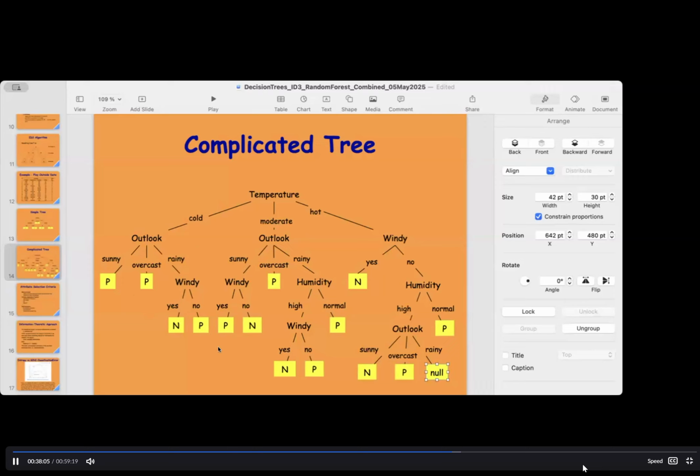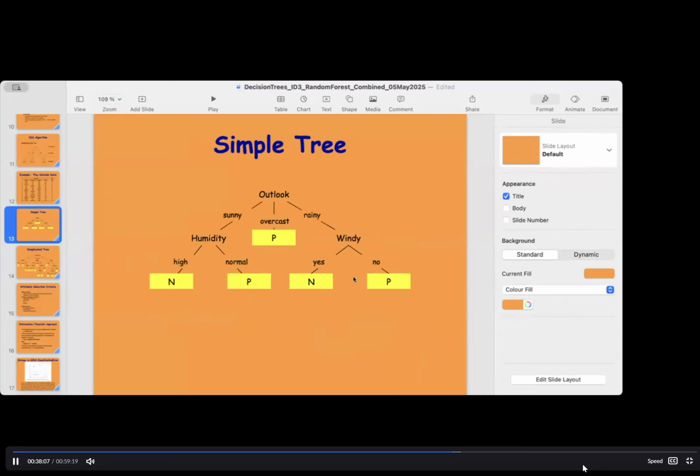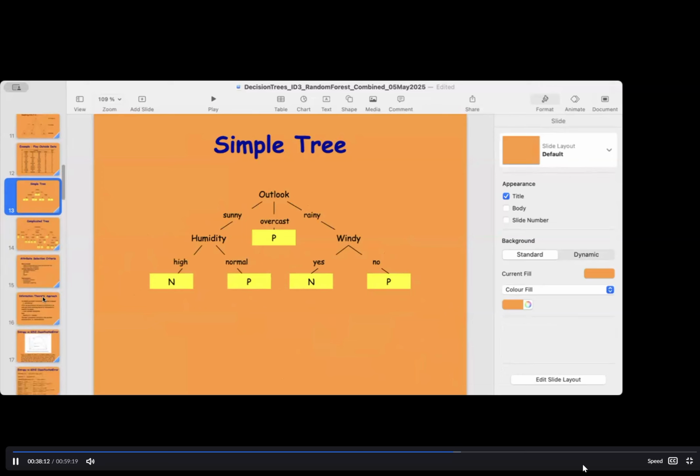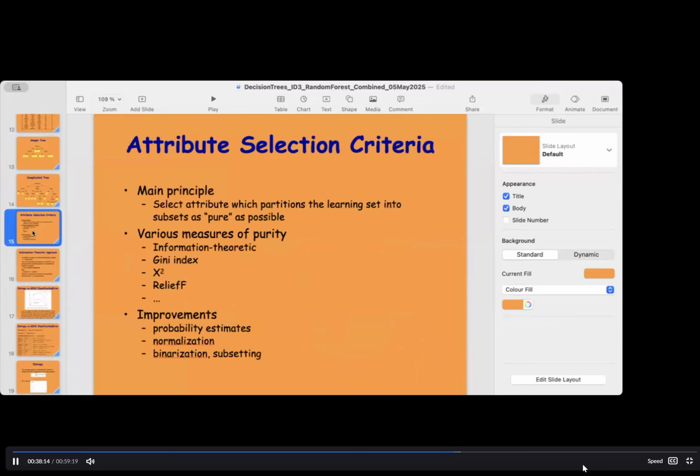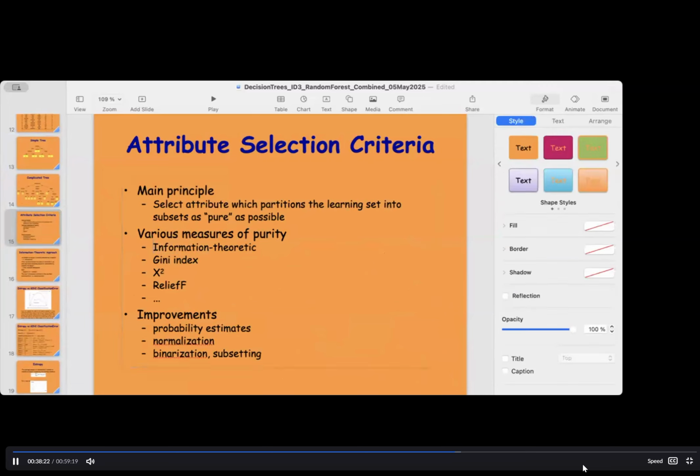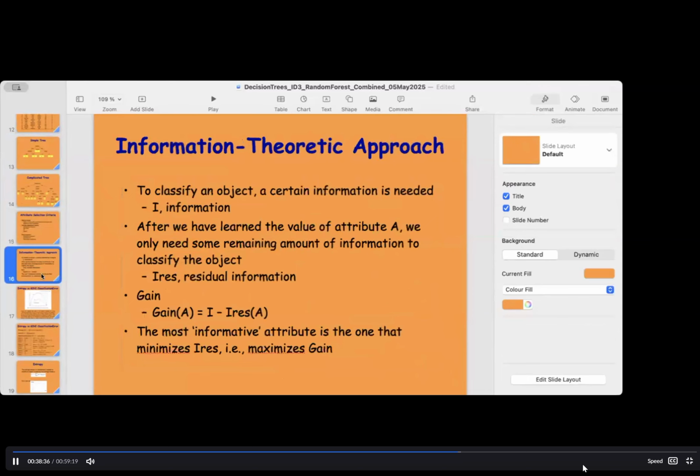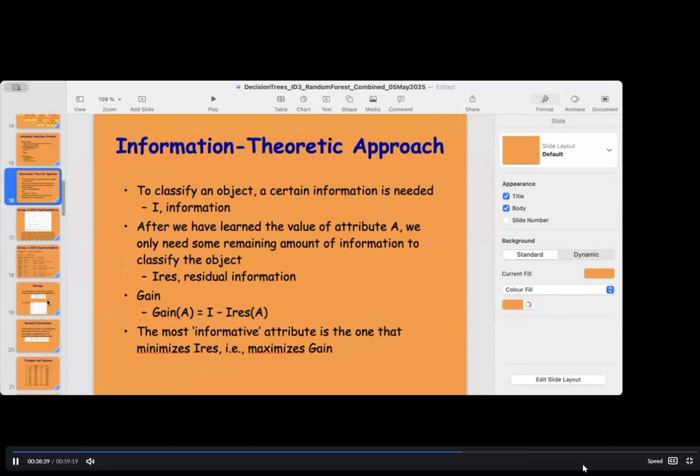So the idea is we want to build a tree that looks like this. And for that reason, we would use some measures such as the entropy. That's an information theory measure. Some statistical measures can be used, like the chi-square error or the Gini index. No matter which of those we use, we end up with a very similar answer.